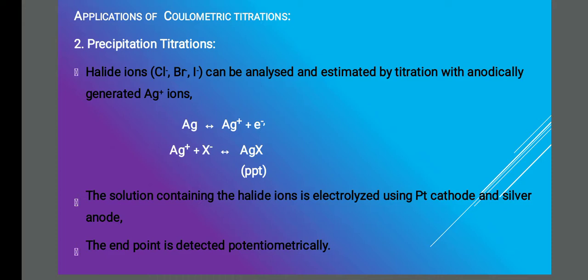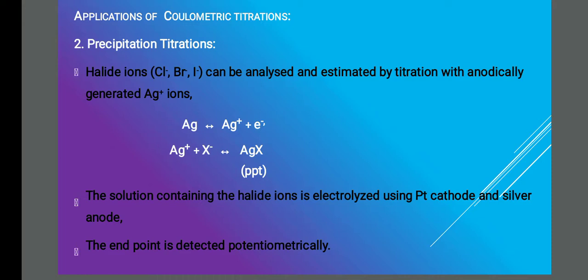The solution containing the halide ion is electrolyzed using a platinum cathode and a silver anode, and the end point is determined potentiometrically. I'll repeat.